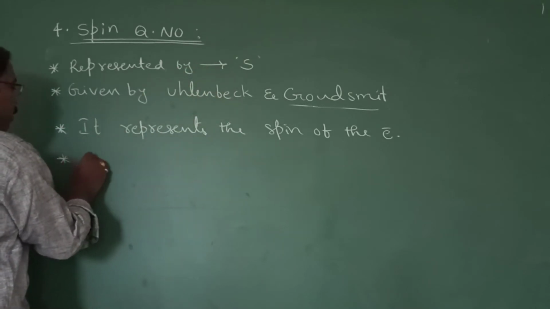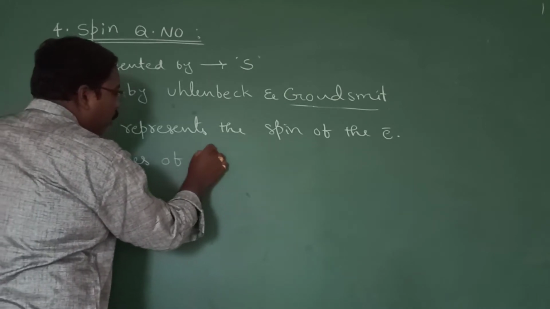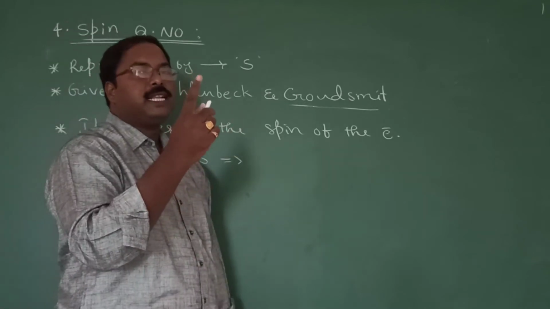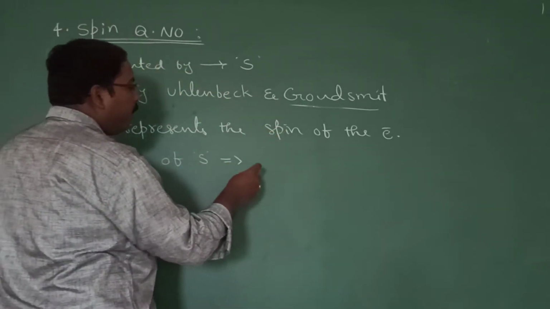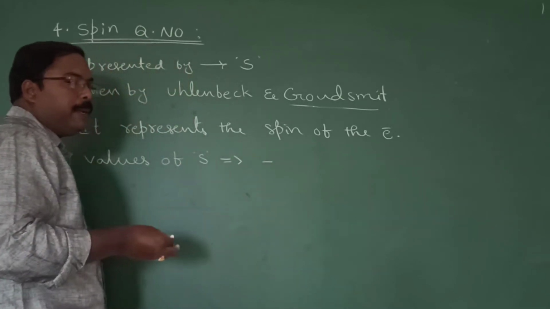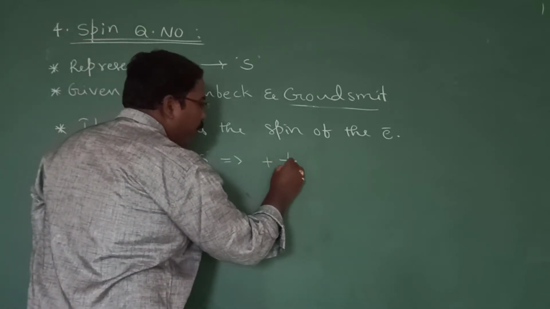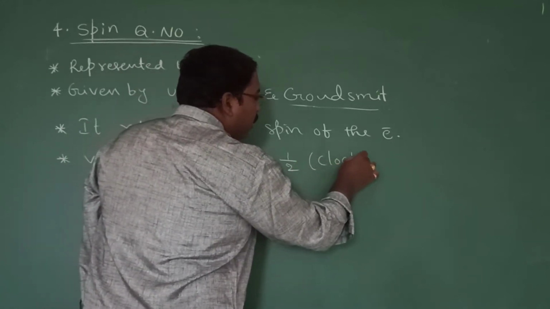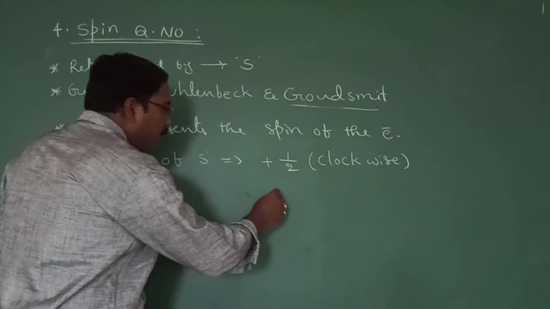Now coming to the values of spin quantum number. The electron revolves in a clockwise direction or anti-clockwise direction. To distinguish between clockwise and anti-clockwise, we have two values. One is plus half, which represents clockwise rotation of the electron.